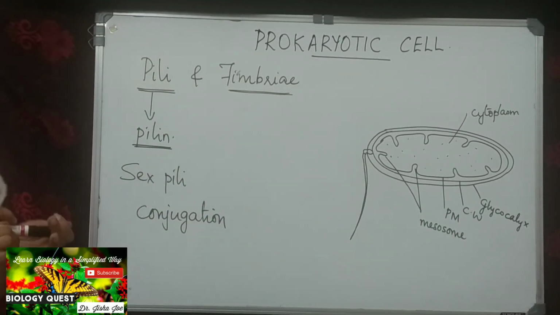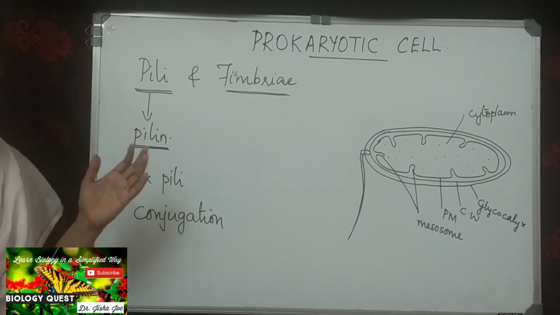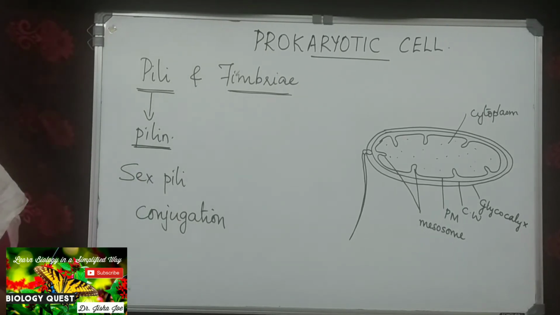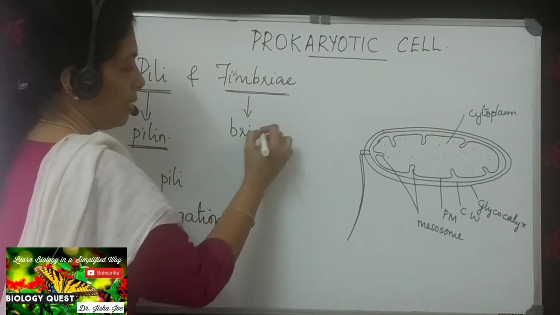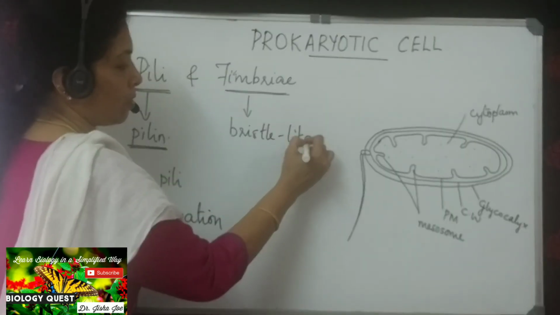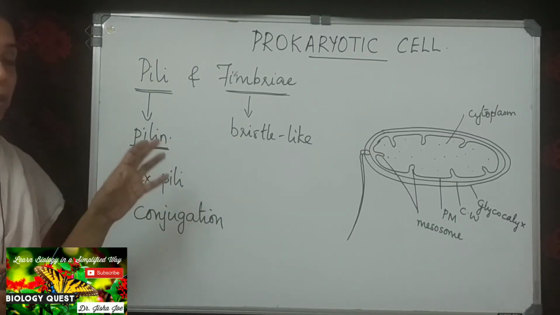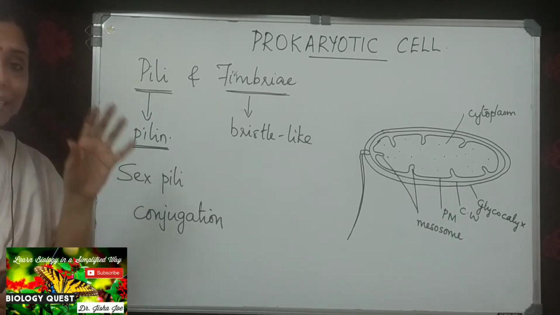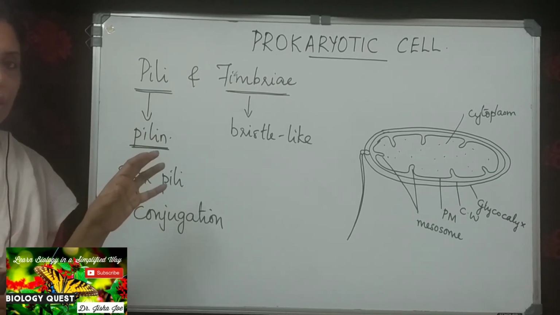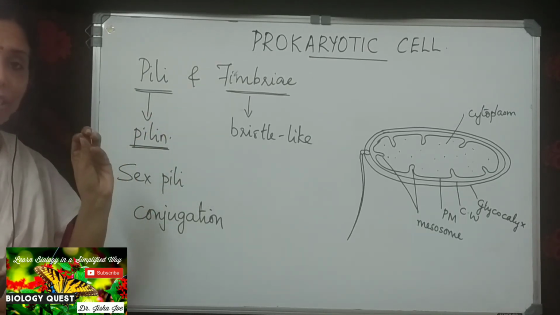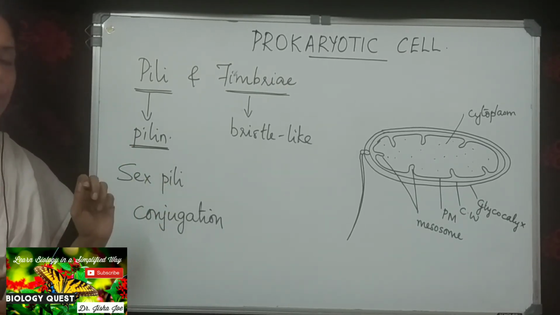Fimbriae are also not concerned with motility, so they are present in both motile and non-motile forms. They are small bristle-like structures present on the surface of the bacterial cell, and they help the bacterial cell attach itself to a substratum or to the host cell. So the fimbriae help in attachment of the bacterium to a surface or to a host cell.